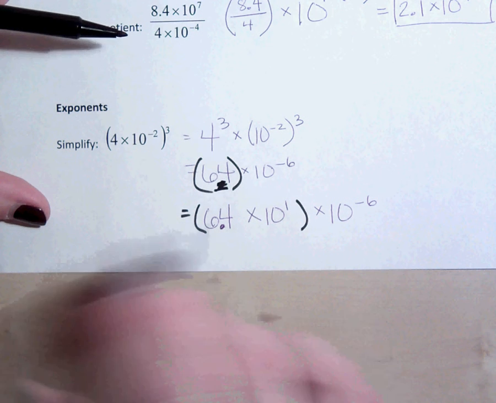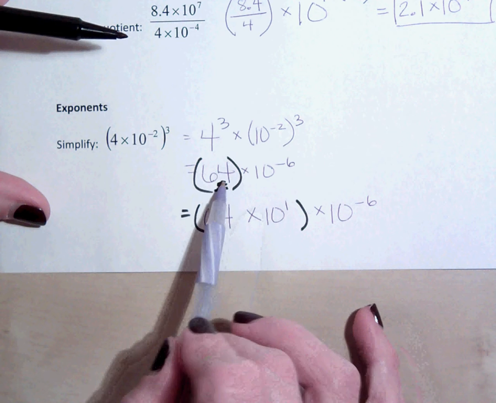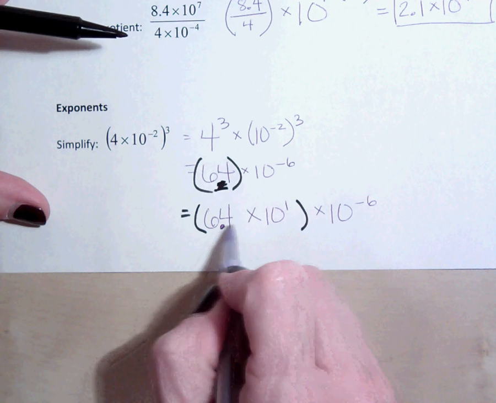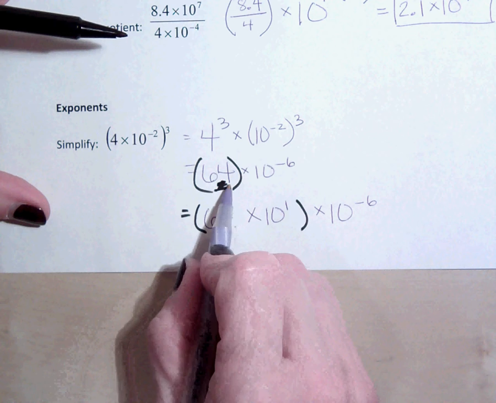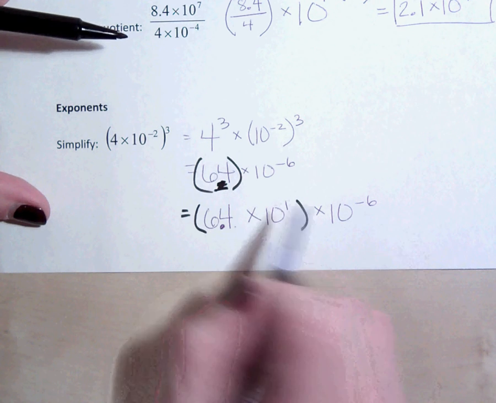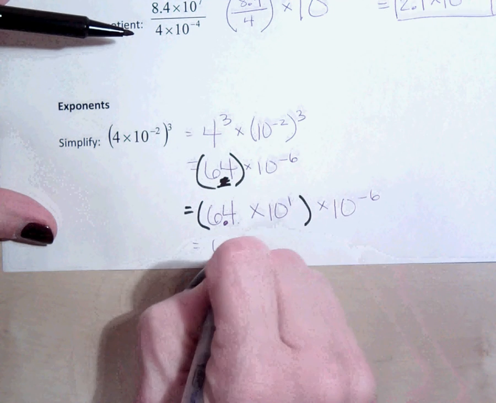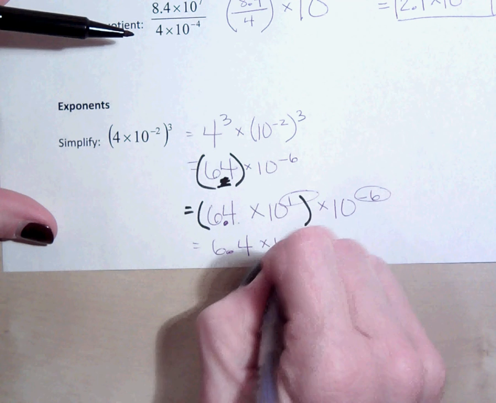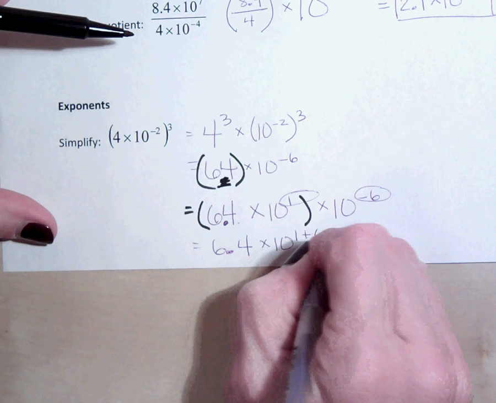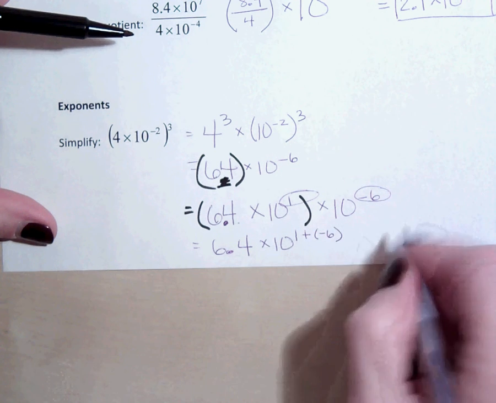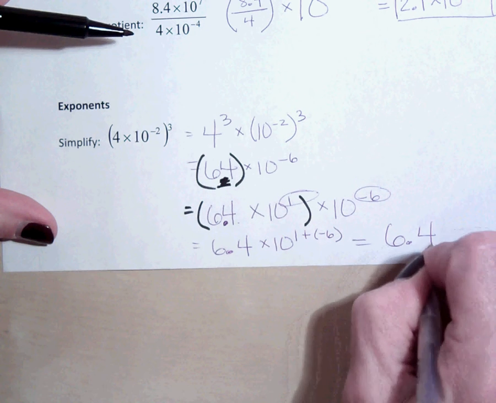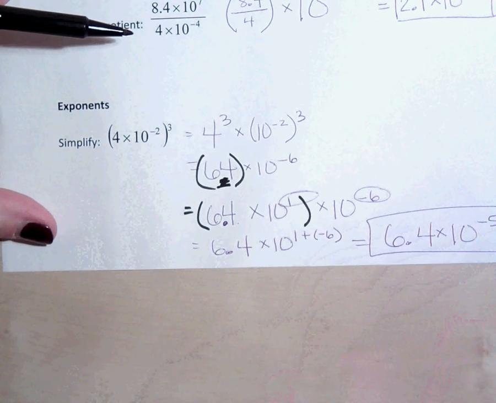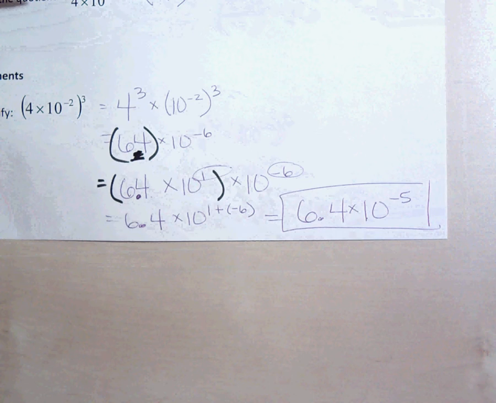So let's say I just rewrote the number 64 in scientific notation. 6.4 is between 1 and 10, and then I'd have to go one decimal place to the right to get back to the original number, so that's positive 1. Now I have 6.4, and now I'm going to add my powers. This is going to be 1 plus negative 6. So 6.4 times 10 to the negative 5th.